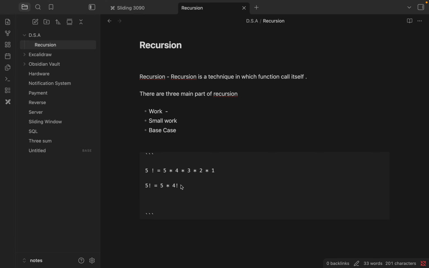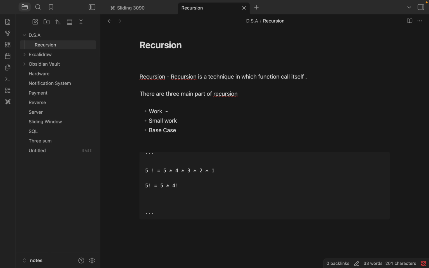When someone asks me what is the factorial of 5, at that point 4 factorial is the small work.